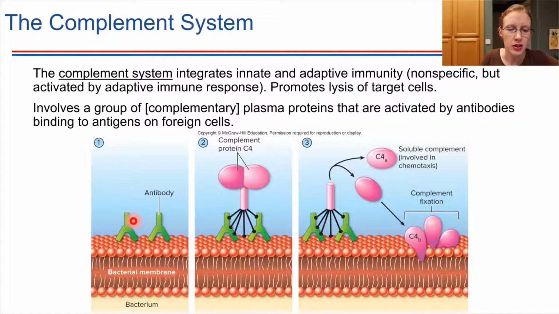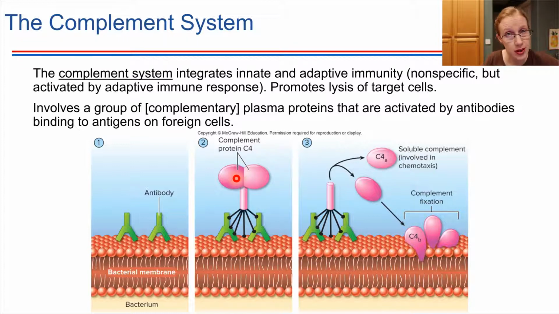That binding recruits certain proteins from the blood plasma. These are called complement proteins. There are many different complement proteins. I believe they were named in the order in which they were discovered, not in the order in which they act. So first thing we have here is C4 comes over, those complement proteins bind, and that leads to a whole cascade of events.